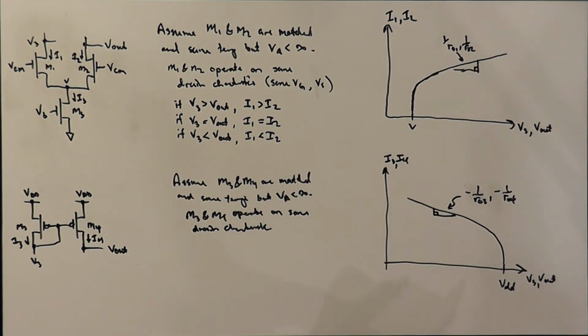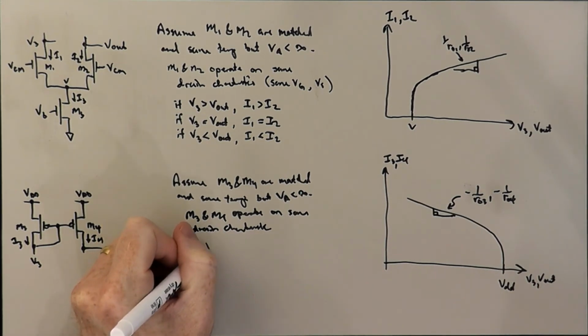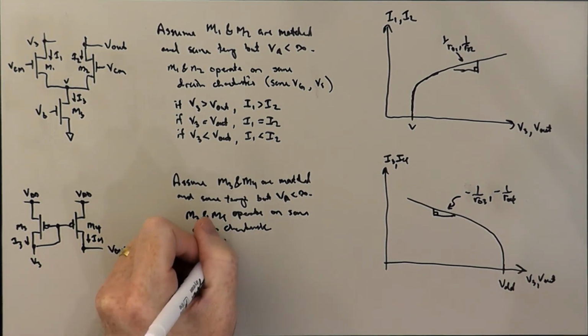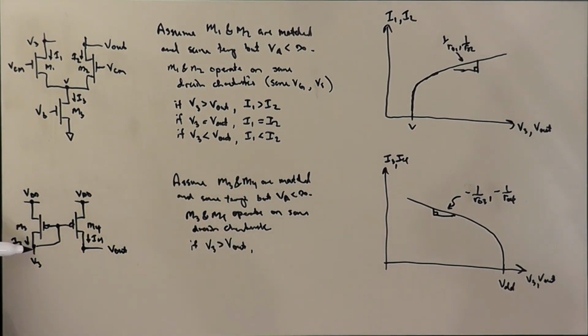Okay? So in this case, we have a somewhat different situation because of that negative slope, right? So if we think about V3 being more than V out, well, if V3 is higher than V out, that means that M3 has less voltage across it than M4, and so M3 will be closer to the ohmic region than M4.